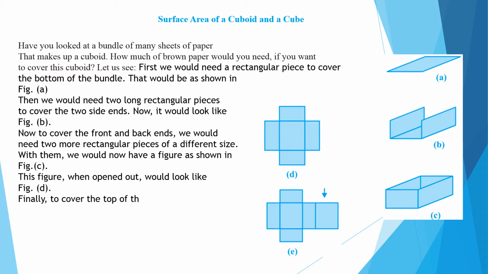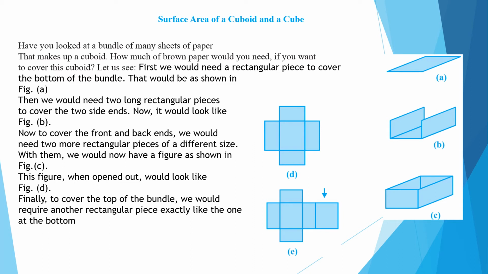Finally, to cover the top of the bundle, we require another rectangular piece exactly like the one at the bottom. If we attach it on the right side, it would look like figure E. Till this it is clear.